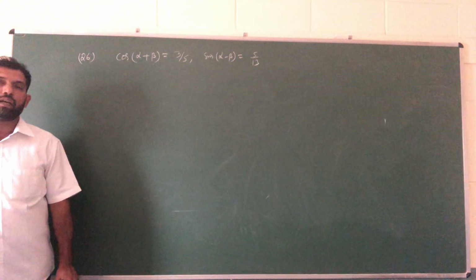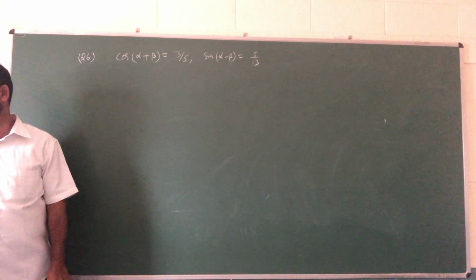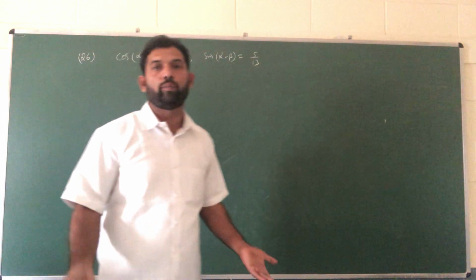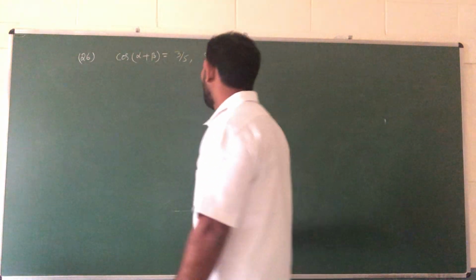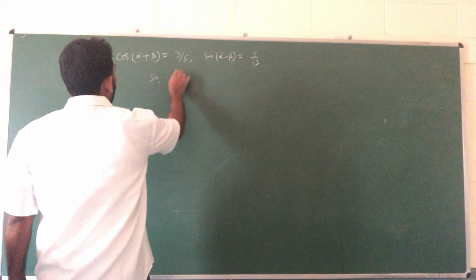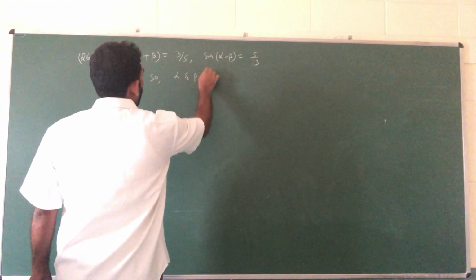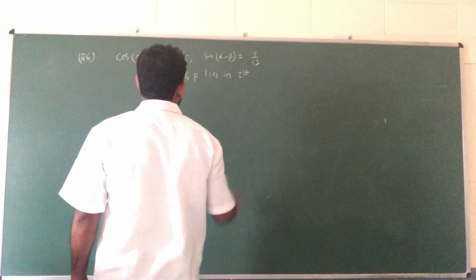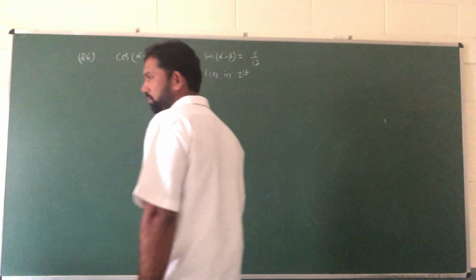So alpha and beta lie in the first quadrant only, so their sum or difference should be between 0 and pi/2 only. In the first quadrant, all trigonometric functions are positive, right?